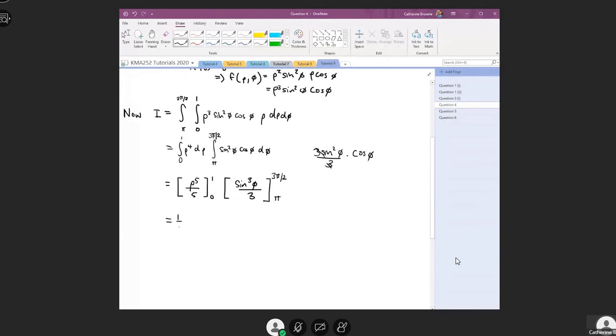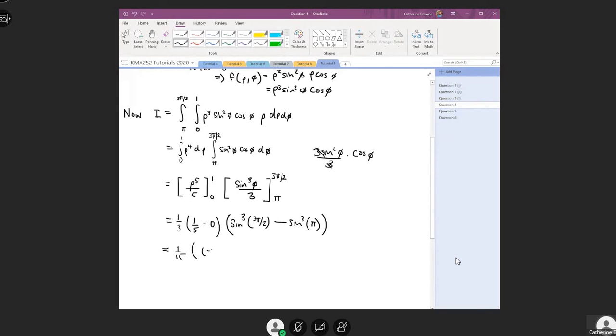So I've taken that factor of 1/3 out the front. I get 1/5 minus 0 for that one. And then I get sine cubed 3 pi on 2 minus sine cubed pi. So I get the 1 on 15 by minus 1 cubed minus 0.